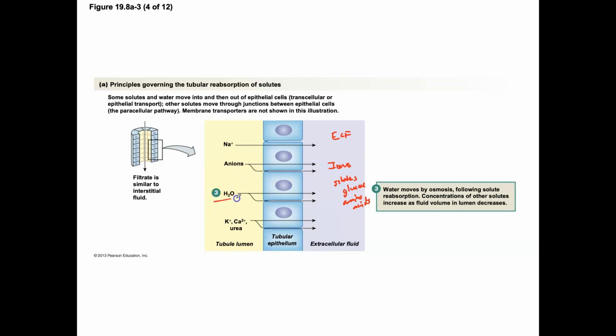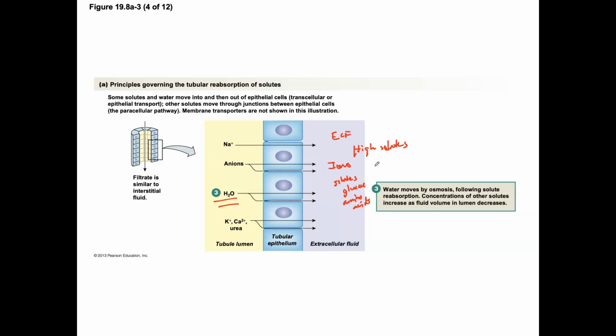And so now we see the reabsorption of water. Water is attracted to the high solute concentration. So water is going to move by osmosis from areas of low solutes to areas of higher solutes.